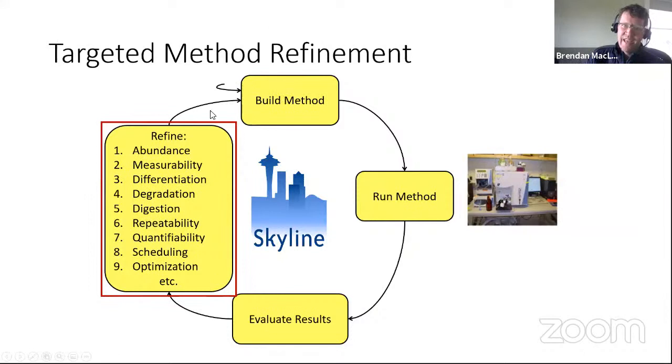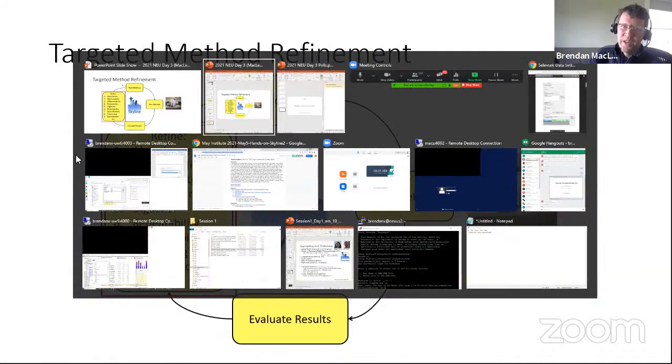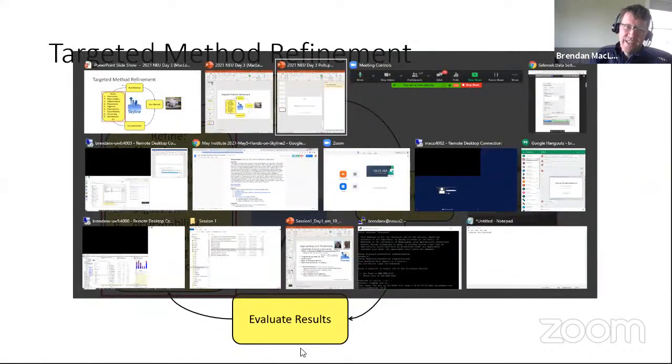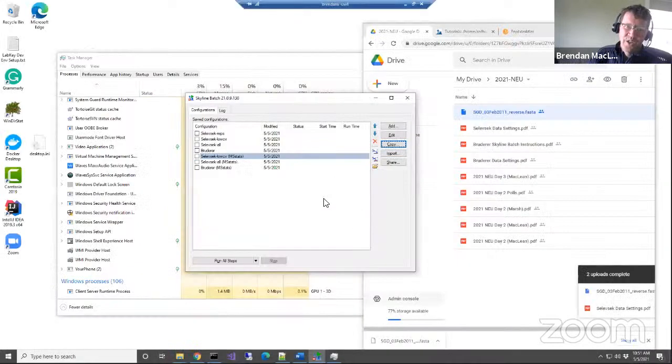And then from that, we're going to create a new method. We have a separate data set that we've collected on the mass spectrometer, and we're going to go through and evaluate those results.